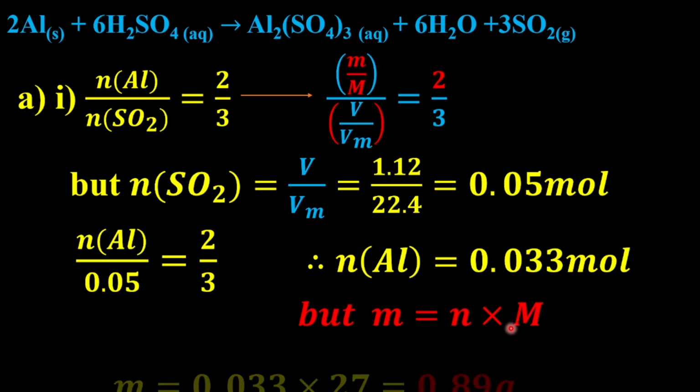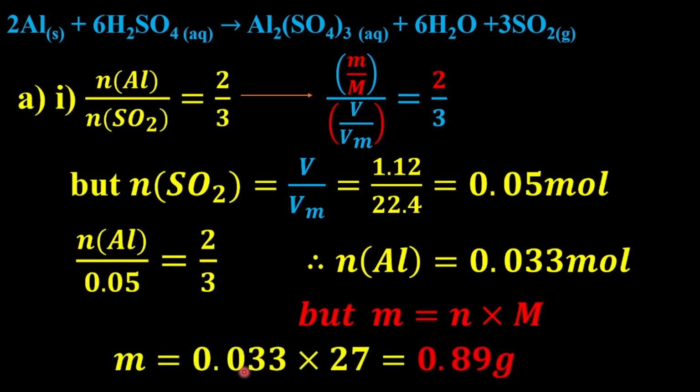So we insert the mole, that is 0.033, times the molar mass of aluminium, which is 27, and the mass is 0.89 grams. So this is giving us the mass of the pure aluminium.